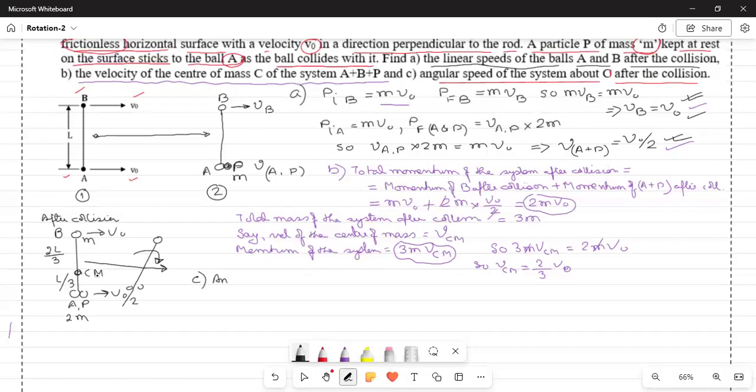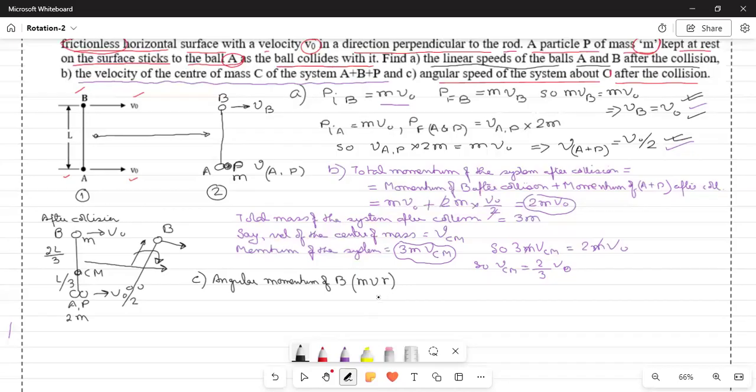The angular momentum of B, that means this body's momentum perpendicular to the axis of rotation multiplied by the distance from the axis of rotation. The formula is equal to mvr.